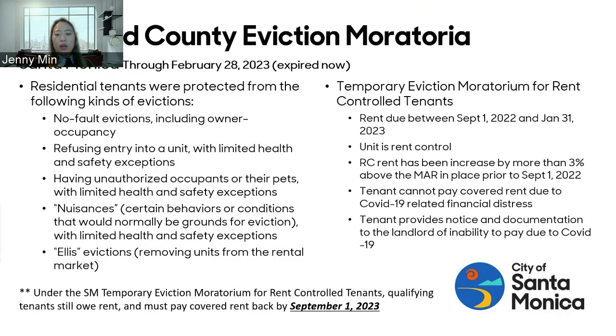Owners may serve the requisite notice for the Ellis Act, but should not file. They cannot file the eviction based on removal of the unit from the market under the Ellis Act until 60 days after February 28th, 2023. So this day would be April 29th, 2023.